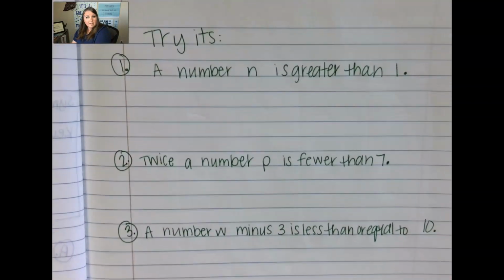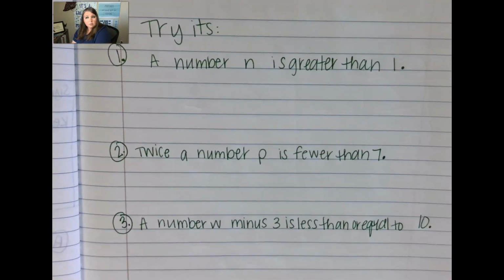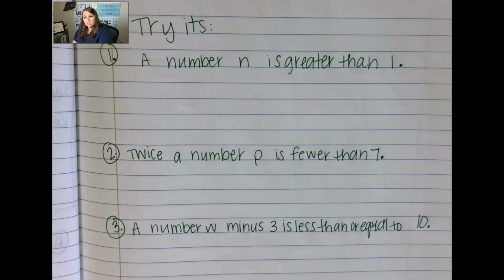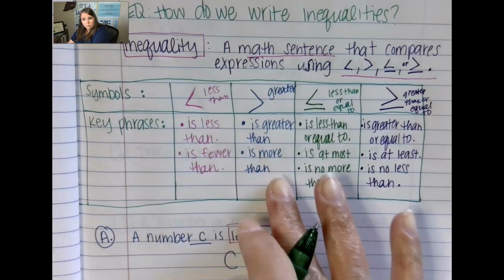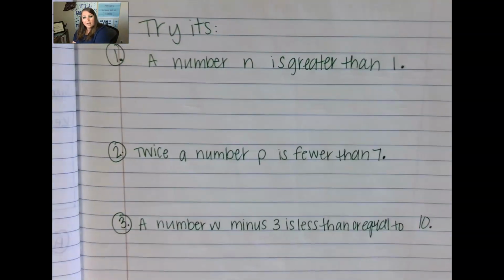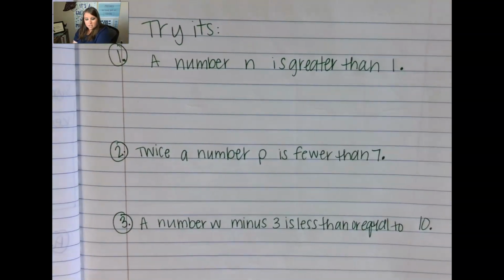All right, so go ahead and hit pause right now so you don't hear me solving these. I want you to use those clue words to help you figure out which symbol to use, and then come on back and hit play when you are ready to check your understanding.